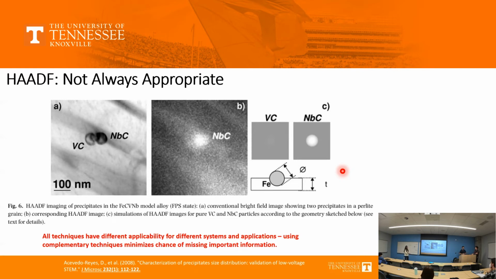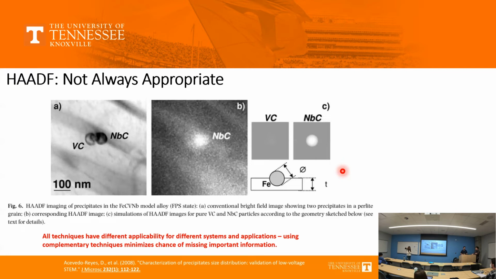For TEM, this is steel with some inclusions of niobium and vanadium carbides. They performed some EDX analysis, not shown here, that revealed the composition of each of these particles. They observed that in HADF imaging the vanadium carbide particles were invisible. They weren't showing up at all.